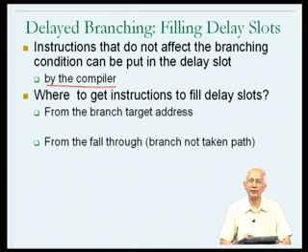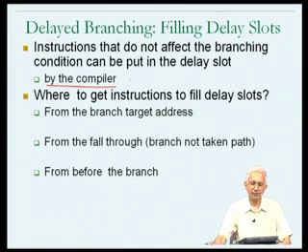Another possibility is that the first instruction from the not taken path could be put into the delay slot. And the third possibility is that an instruction could be taken from somewhere before the branch instruction and put into the branch delay slot. One of the instructions preceding the branch instruction could be moved after the branch instruction. And in all cases, it would have to be carefully determined that the meaning of the program does not change.